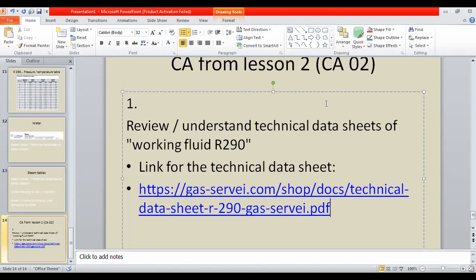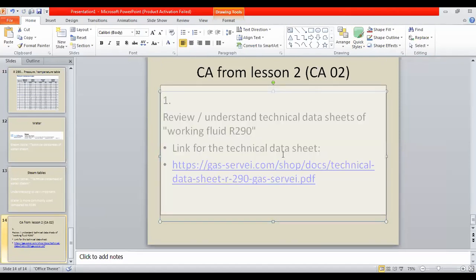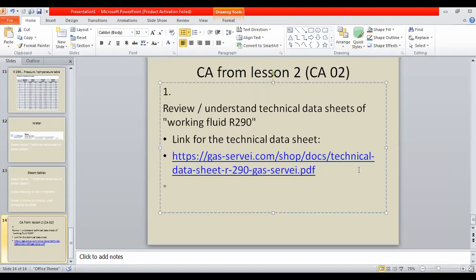Two, review or understand the safety data sheets of R290.